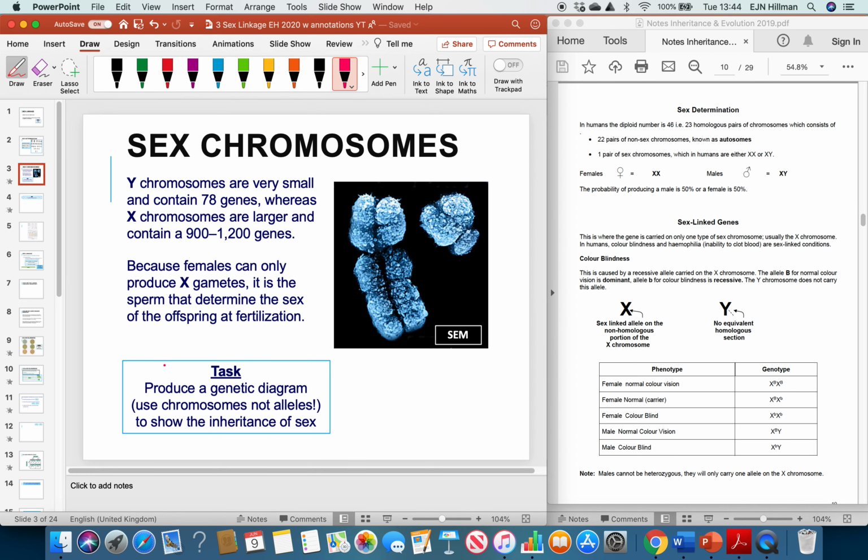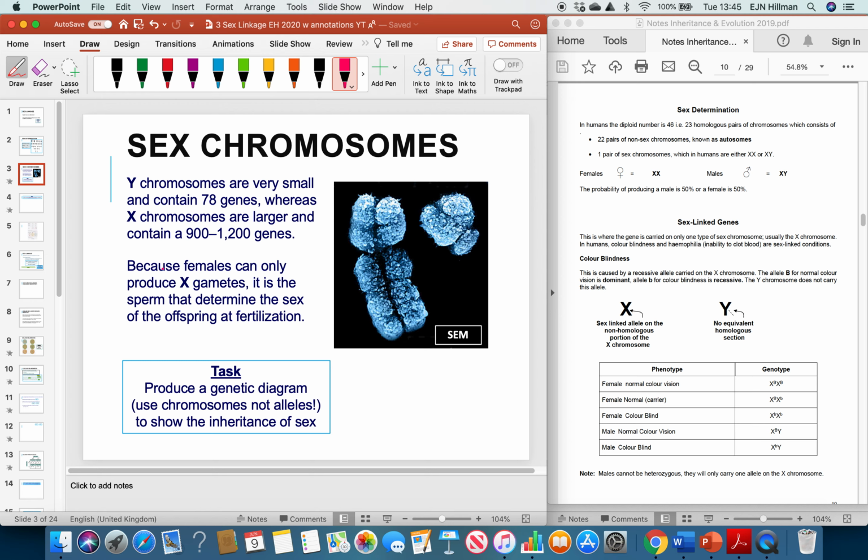Okay, so if we move on to those sex chromosomes, the Y chromosomes are very small. They contain just a few genes. I've got 78 genes here, there may be a few more than that. Whereas the X chromosomes are much larger and contain a lot more genes.